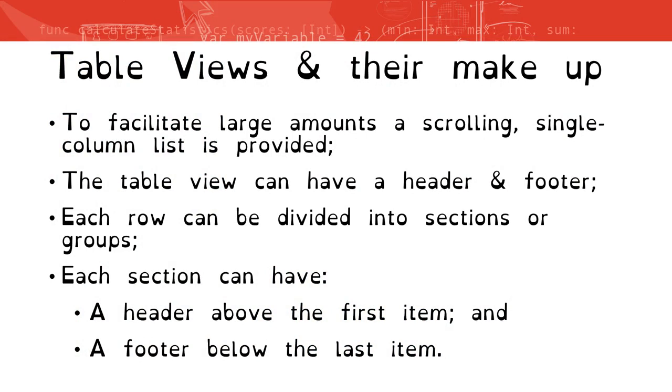Well, to facilitate a large amount of data that we're going to scroll through, we're presented with a single column list. And again, you're familiar with it, scrolling through it backwards and forwards, we see it there. The table views can provide headers and footers. Okay? Each row can be divided into sections and groups.